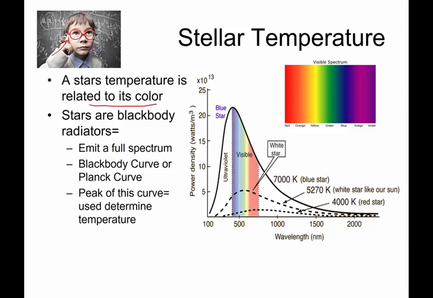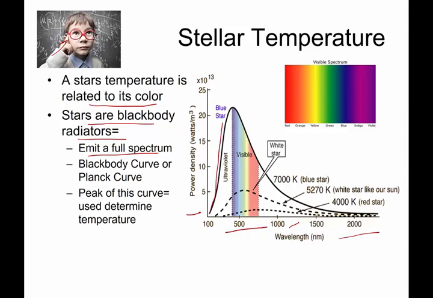If you have any sort of hot object, it's going to be a black body radiator, meaning that it is going to emit a full spectrum, the full Roy G. Biv: red, orange, yellow, green, blue, indigo, violet, plus some light in the ultraviolet and some light in the infrared and far infrared.